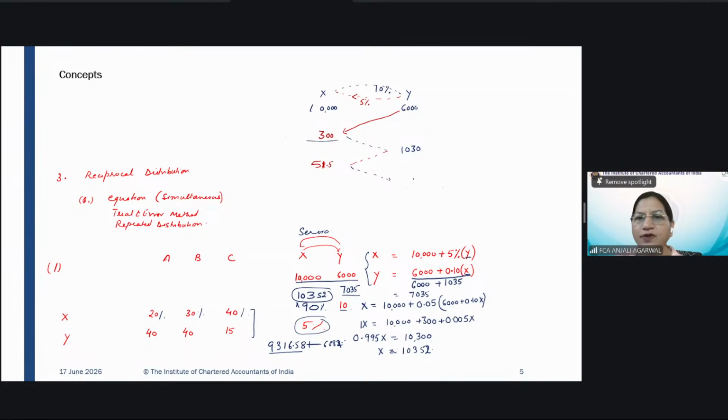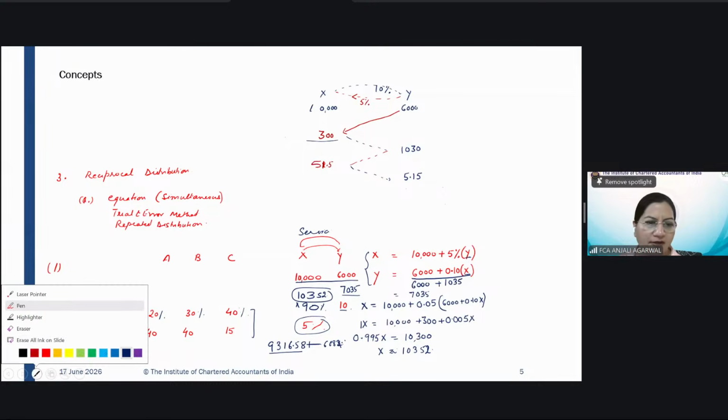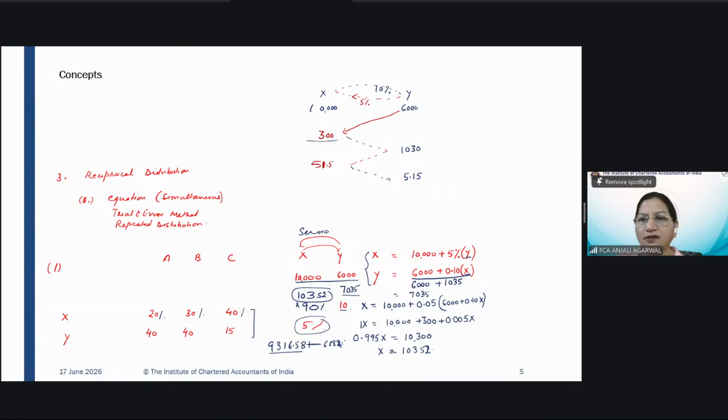10% of 51.5, 5.15 goes to Y. And 5% of 5.15, roughly around 0.25, 0.26, this goes to X again. Now, if I want to take 10% of this, it's just 2 paisa, which I can ignore.